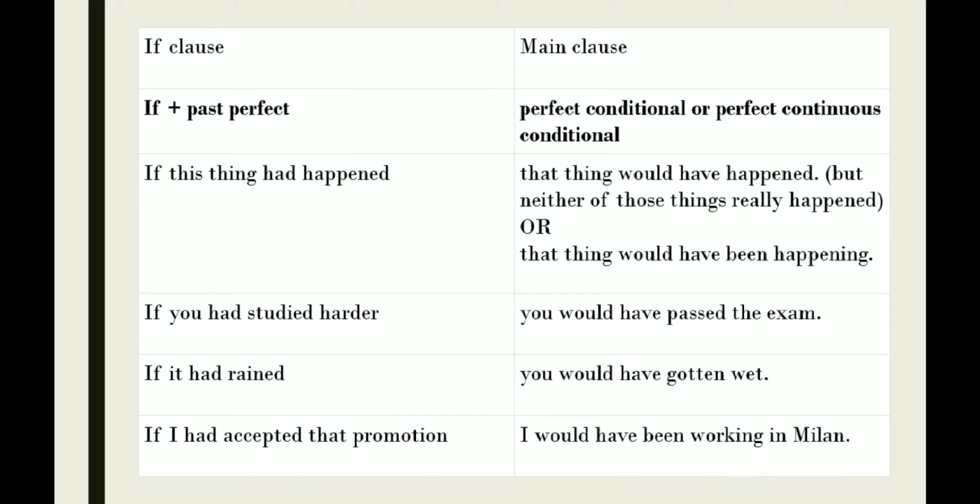Okay, here you can see the structure. In the if clause, you can see past perfect tense. And in the main clause, you can see would plus have and the third form of the verb or present perfect tense.